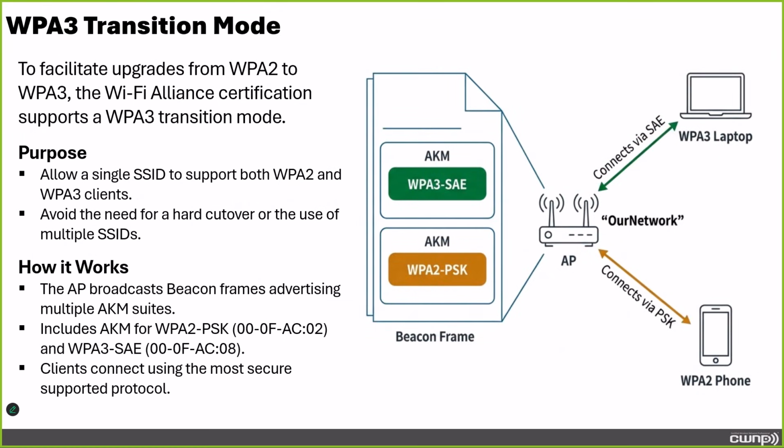Now, once again, this WPA3 transition mode is there, but I want to point out that it may not be a best solution for any real-world implementation. It might be better to just use different SSIDs. So one SSID for your WPA3 users and another for your WPA2 users. So at least that way, you're not affecting any potential vulnerabilities on your WPA3 users because of your WPA2 users directly.